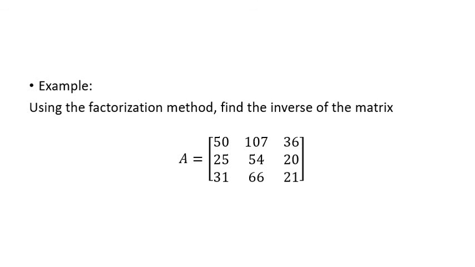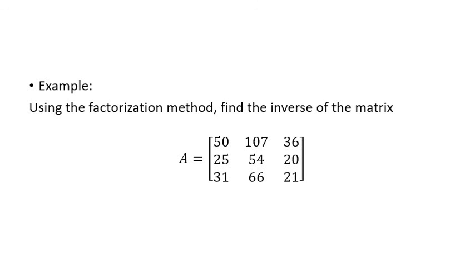Now consider an example to find the inverse of a matrix A using LU decomposition or factorization method, where A is the matrix 50, 107, 36; 25, 54, 20; 31, 66, 21.